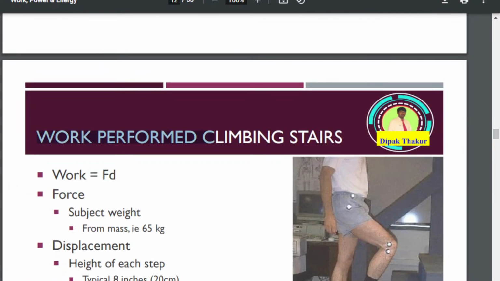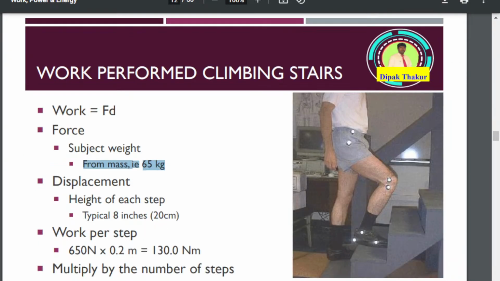Next is work performed climbing up stairs. Here work done equals force into displacement, and the force is the weight. Now we have to find the weight, because we have the mass. Suppose a man has a mass of 60 kg.